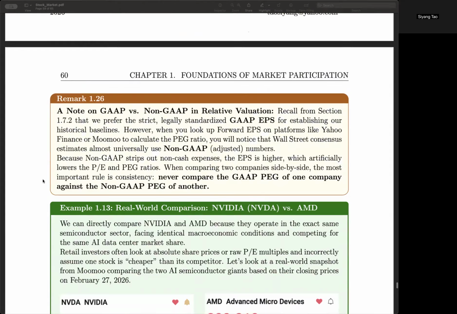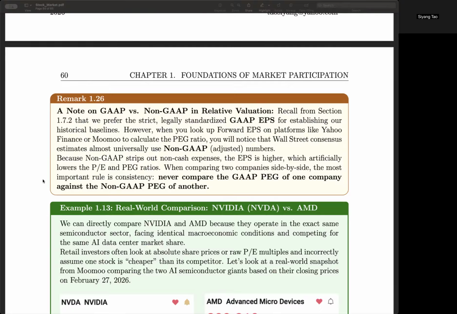Before we look at a real example, let's recall what we learned in section 1.7.2 about GAAP versus non-GAAP earnings. We prefer strict GAAP numbers for our historical baselines. However, when you look at forward estimates on Yahoo Finance or Moomoo, Wall Street almost universally uses adjusted non-GAAP numbers.